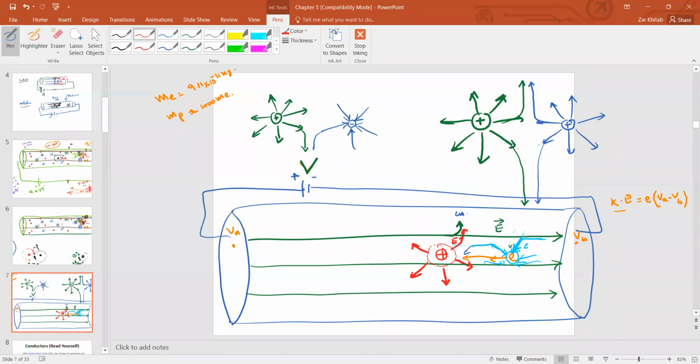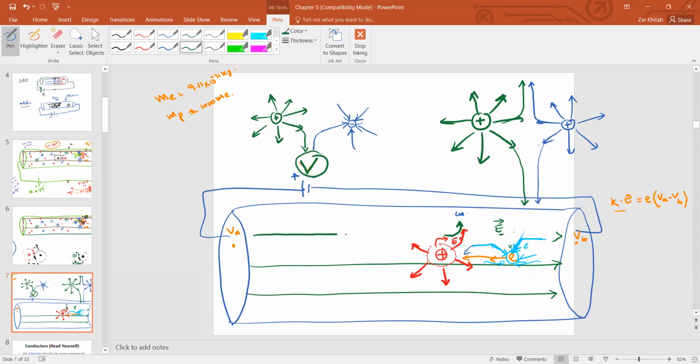But remember, sometimes they may cross another electric field, which is because of this green voltage battery, this green electric field. So the electric field cannot cross. What happens if the electric field cannot cross?